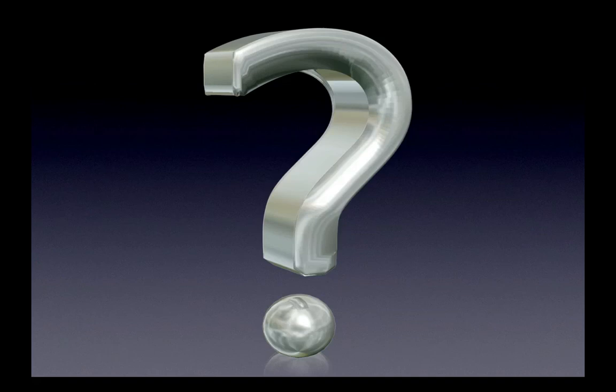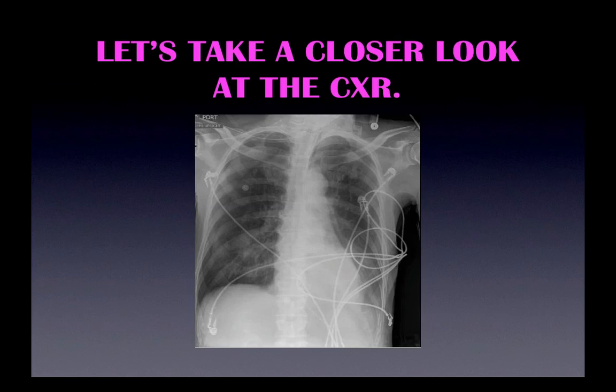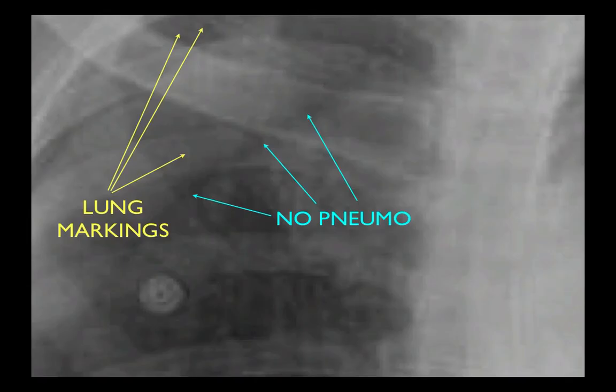So what's really going on with this patient? Here's his X-ray. Let's take a closer look. Remember, the pneumothorax is seen on the right. If we expand the X-ray a bit and look closer with magnification, we can see that that line, which appeared to be a pneumothorax, is in fact not a pneumothorax.